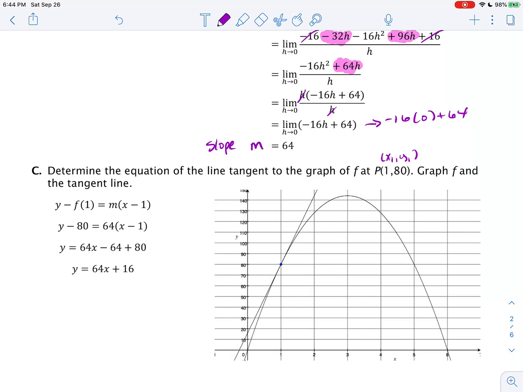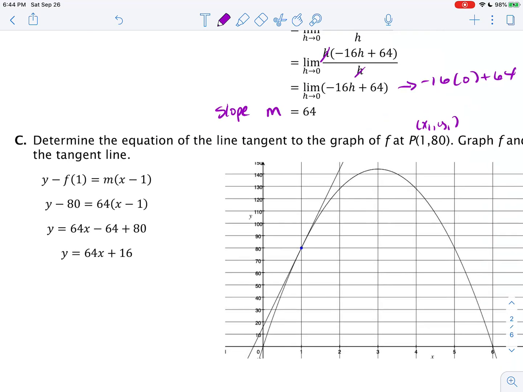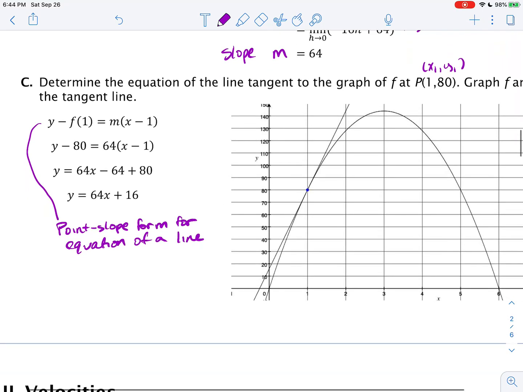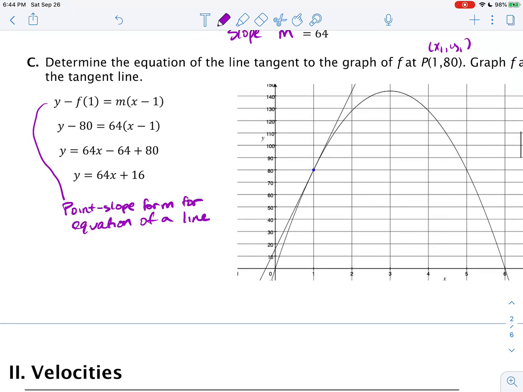And we want to use our point slope form, right? Don't forget that this is our point slope form for the equation of a line. And that equation of a line is y minus y1 equal to m times x minus x1.